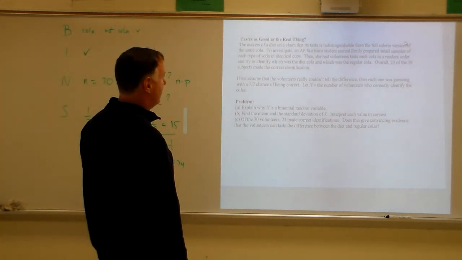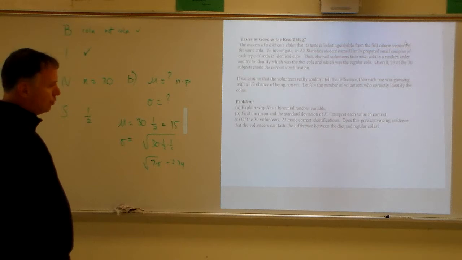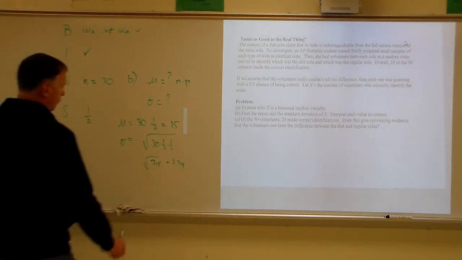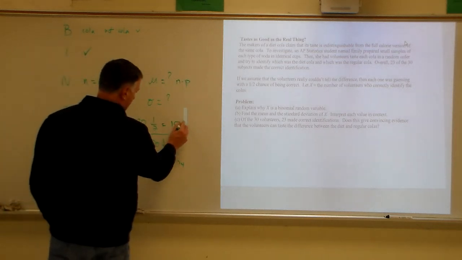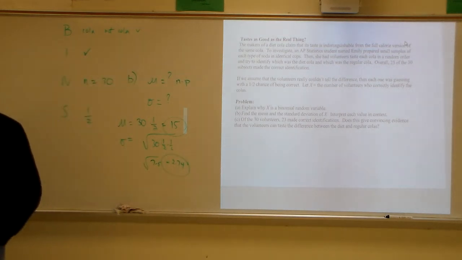So if we did this experiment many, many times, and the actual probability of getting one right is just 1/2, and the people were just randomly guessing, if we had 30 volunteers, we would expect to get around 15 correct guesses, and we expect that amount to differ by 2.74 correct guesses.